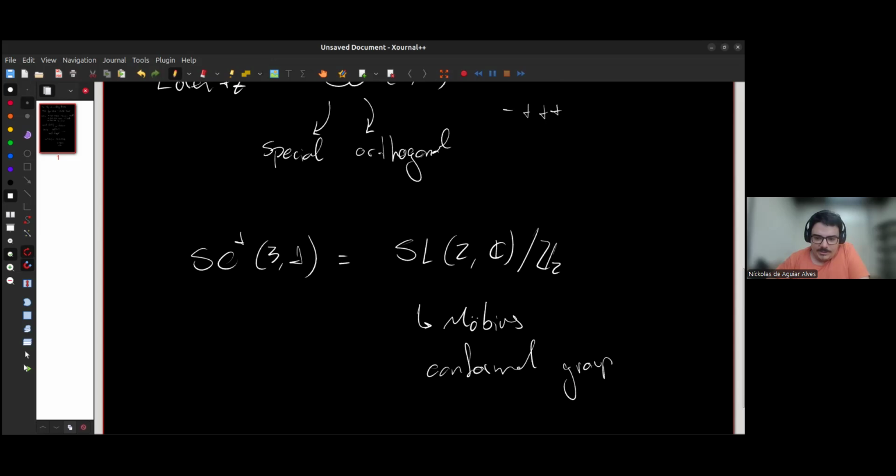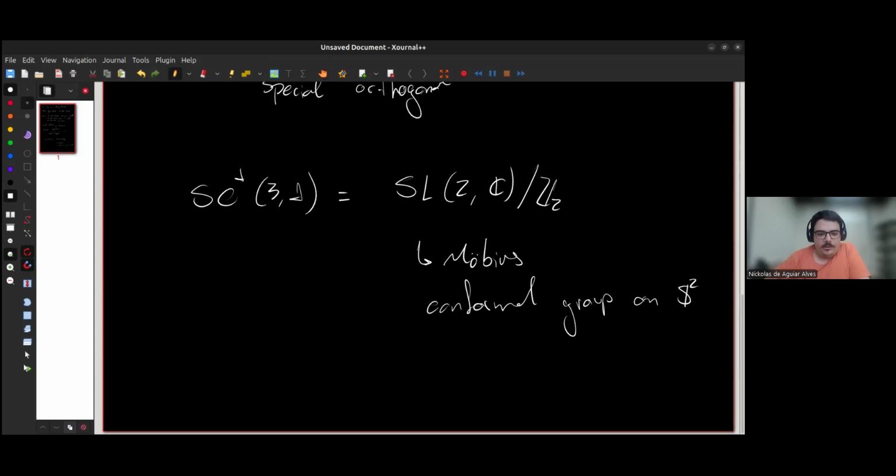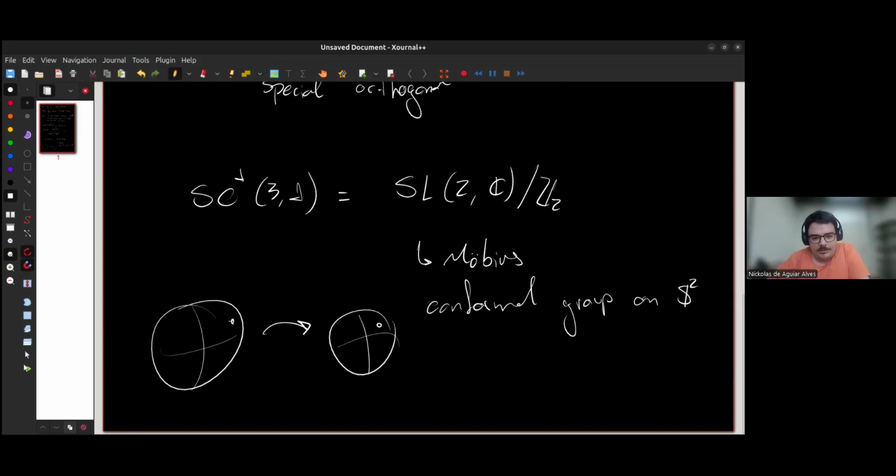So what I mean by this is that this is the group of transformations that preserve angles on the sphere. So if you take the 2-sphere here and you map each point to some other point on this sphere, this transformation is going to preserve all angles between curves on the sphere.